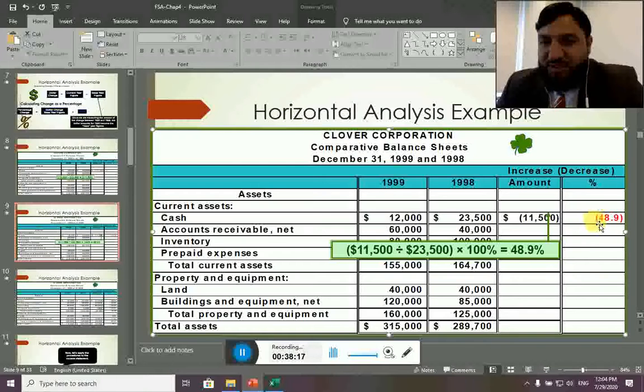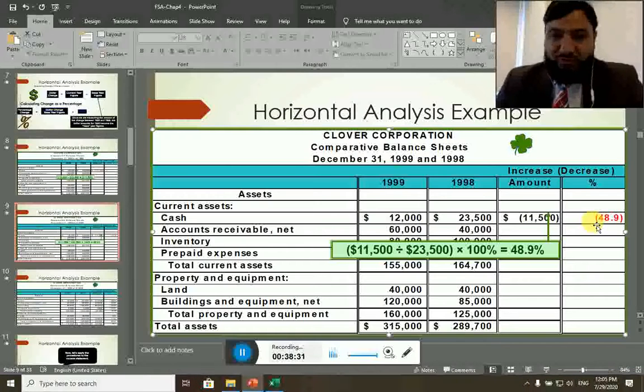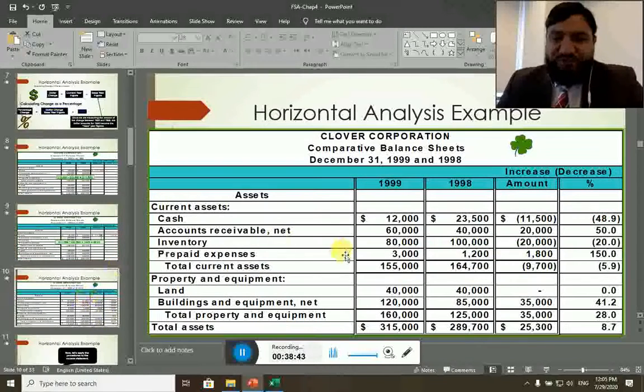So you can see there is a negative figure of 48.9%. So there is a decrease in cash by 48.9% in 99 as compared to 1998. The same operation is followed to find the percentage changes for the rest of the asset items. You can see the result here.